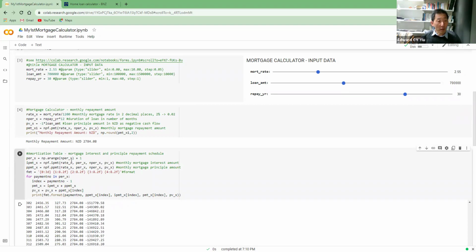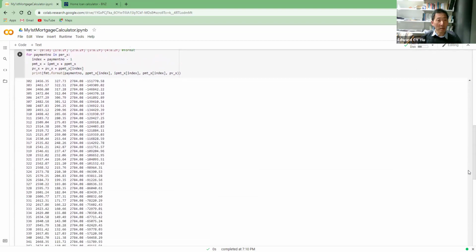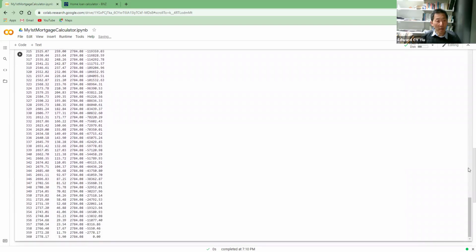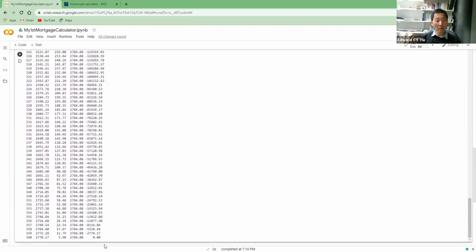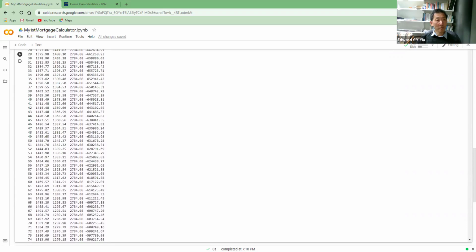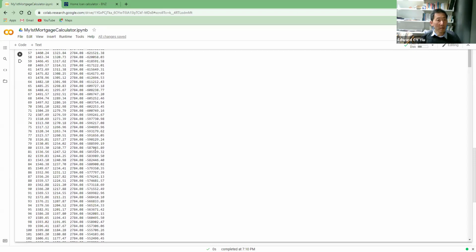Because we use the number of months to be 360, it will produce a complete 360-row amortization table. Then you can check month by month the balance and the interest contribution.